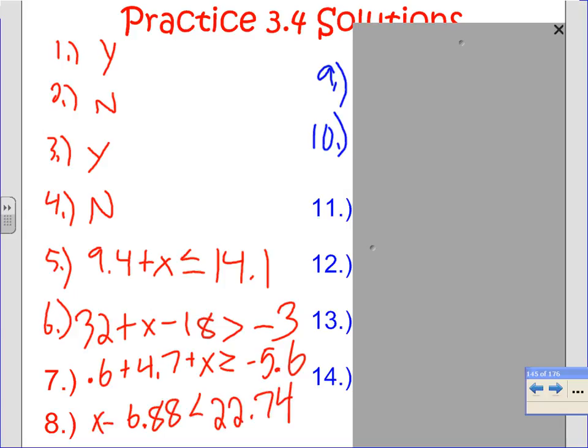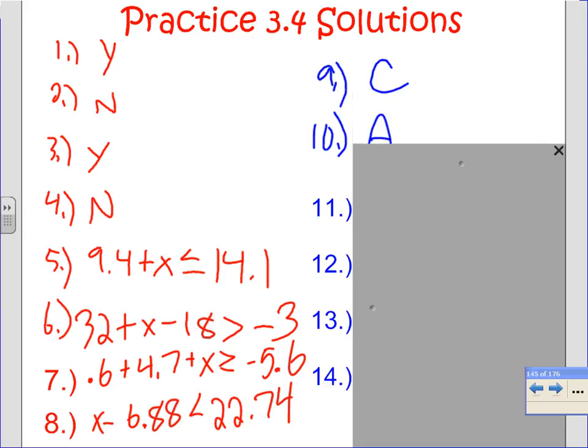Jeremy, number 9. Good. C. Number 10, Sean. Good. Briar, number 11. Good. Zach, number 12. It's wrong. Okay. Annalise, 12. Good. Letter D.